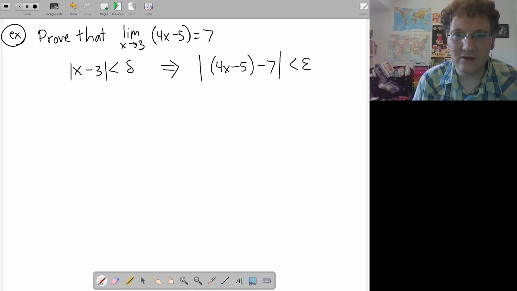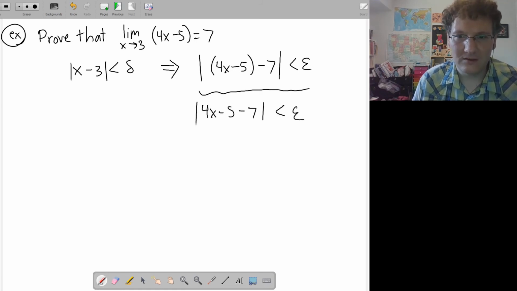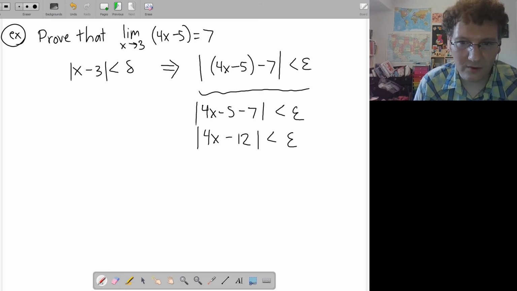All right, so let's take a look at this right-hand side, sorry, and we're going to simplify it. So this 4x minus 5 minus 7 is going to be the absolute value of 4x minus 12 less than epsilon. And actually, 4 is a common factor.